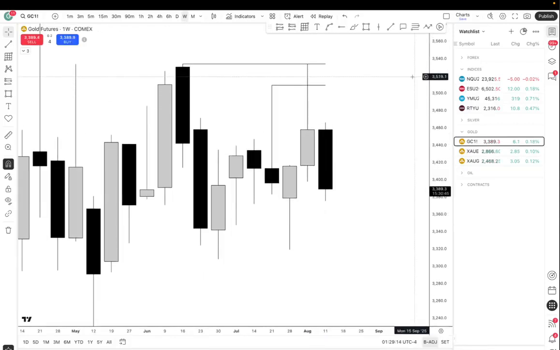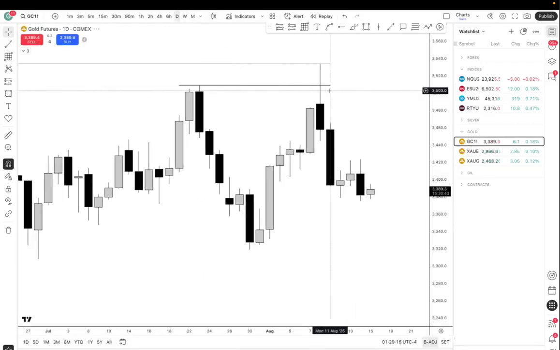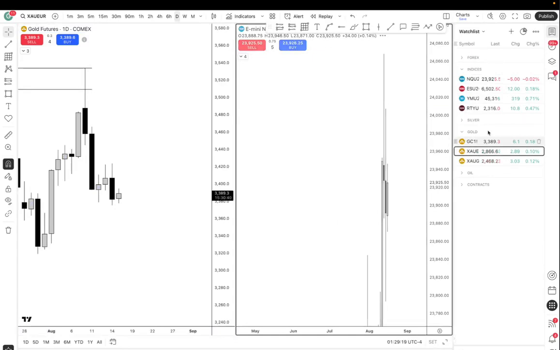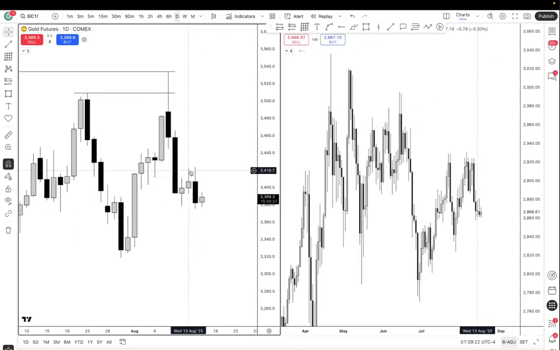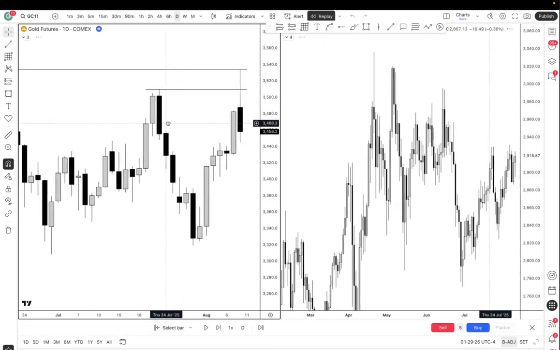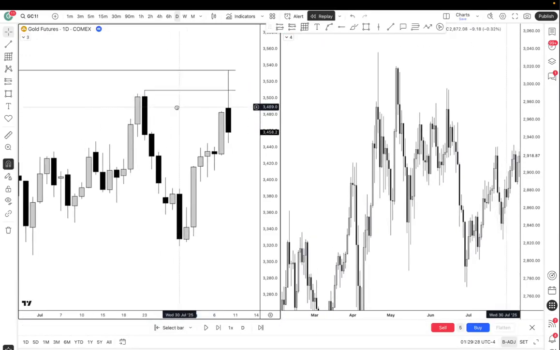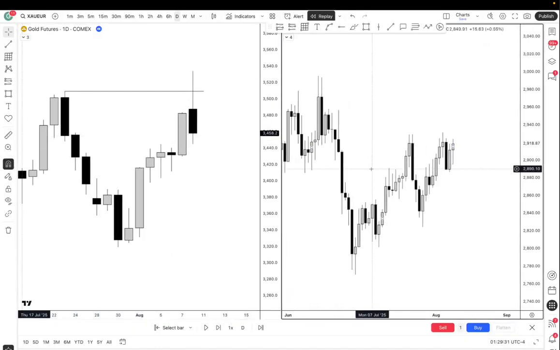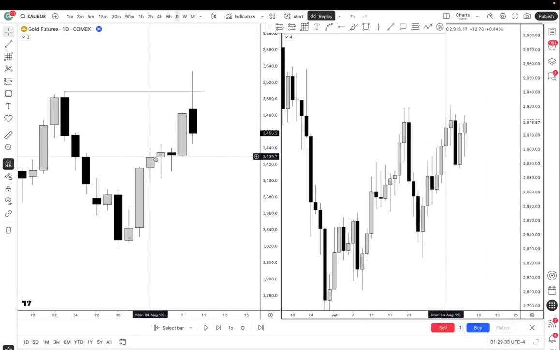Now, here's why it's likely to be a reversal. This is something I'm not sure if I've taught publicly, but I have taught inside the lens.